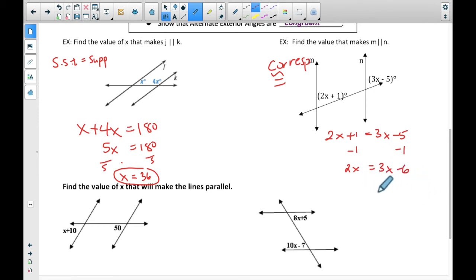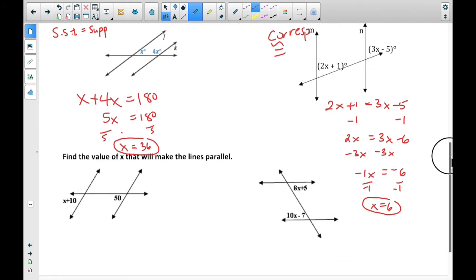And now I need to move my x, so I'll move my 3x. And you could have gone the other way, but this is just how I did it this time. And we get negative 1x equals negative 6. So if we divide by negative 1, then we get x equals 6. That was all for this example up here. And again, what we're saying is, when it's that number, then they're going to be parallel. If x is 6, then these are parallel.